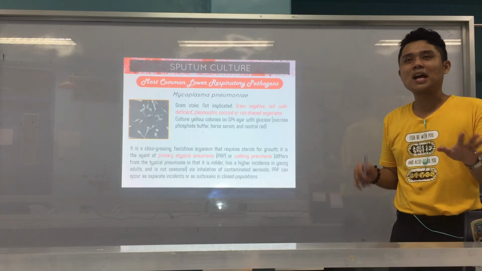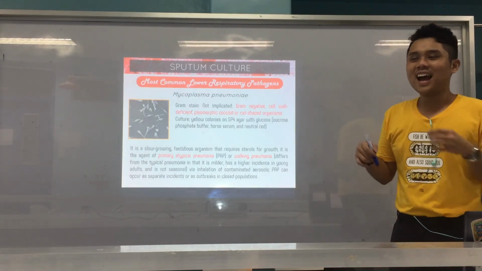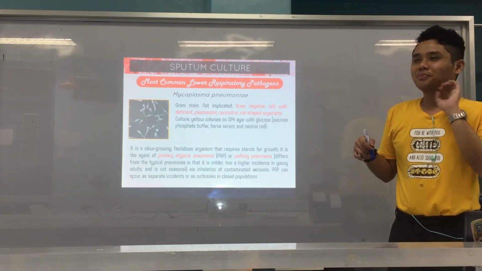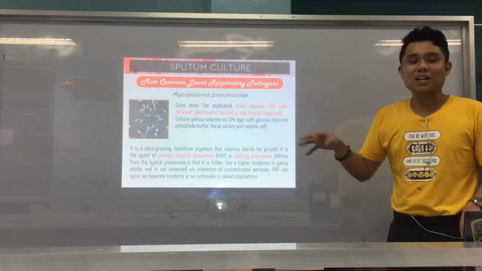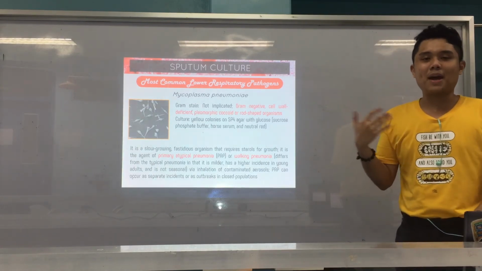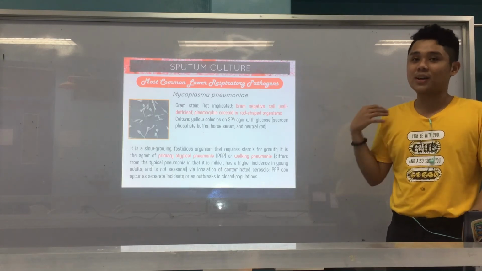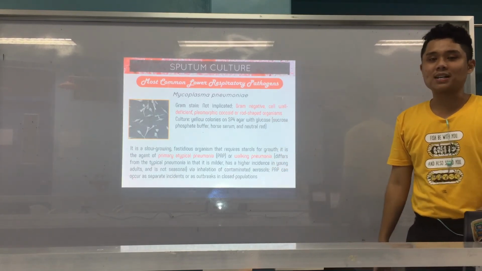Okay? Get it? That's why it's walking pneumonia. The patient is doing fine, not exhibiting symptoms to the point of wanting to go to the hospital, maybe just bed rest at home and all that. But it is still pneumonia. That's walking pneumonia. Again, causative agent, Mycoplasma pneumoniae. Alright?